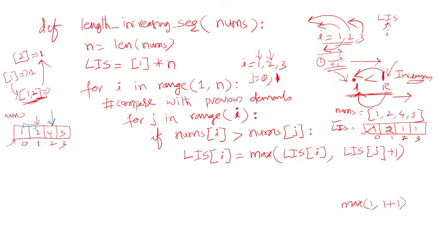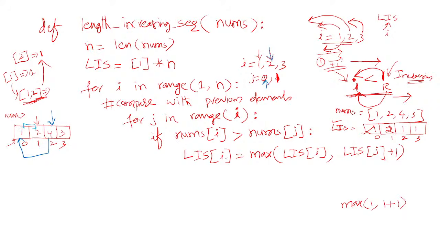We will check one by one. First, we take j value as 0. That means we check whether 4 and this 1 form an increasing sequence or not. So I am comparing here, nums of i, this is my i value, 2. So 4 greater than nums of 0, 4 greater than 1? Yes.